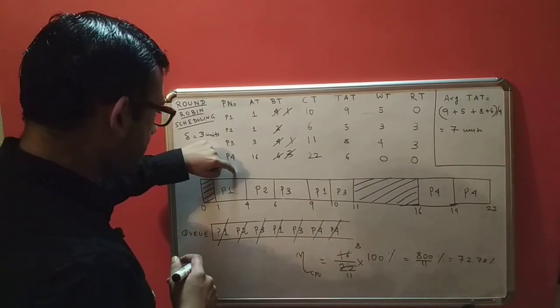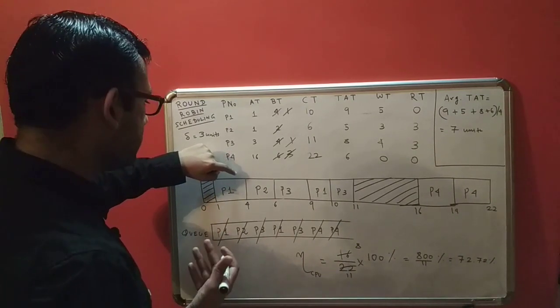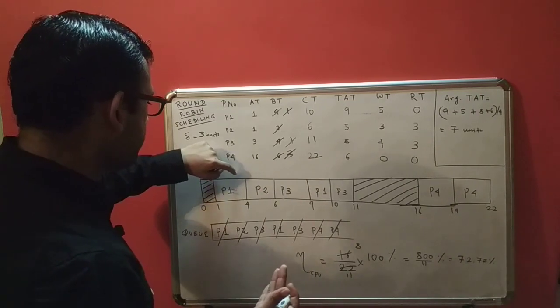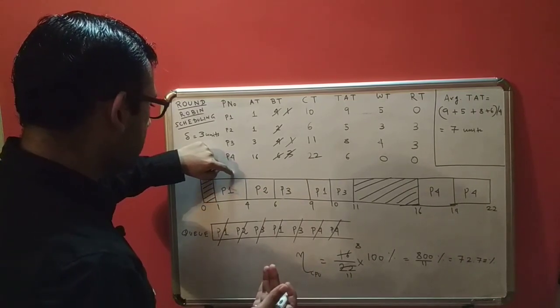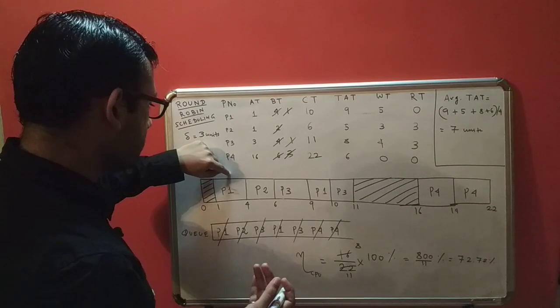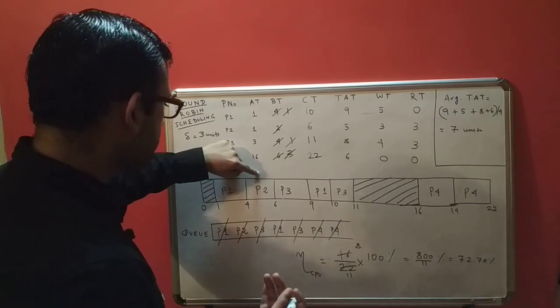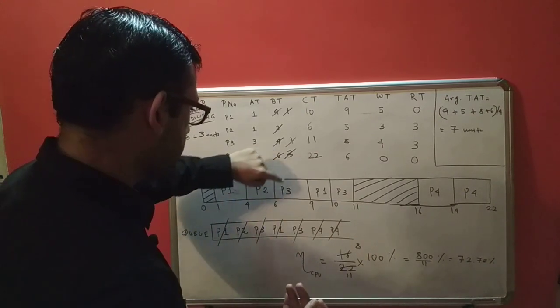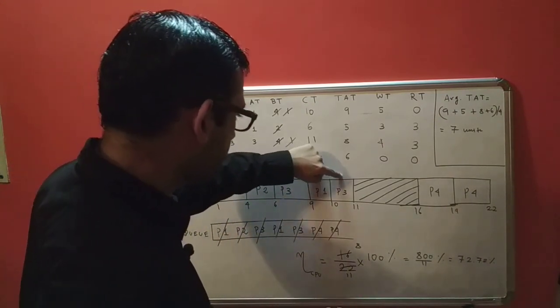Now look at this. P1 releases the CPU, or it is forcefully taken away from it. Whatever may be the case, there is a change in the CPU's execution pattern from P1 to P2. So this is another context switch. Similarly, from P2 to P3, another context switch. P3 to P1, one more. P1 to P3.